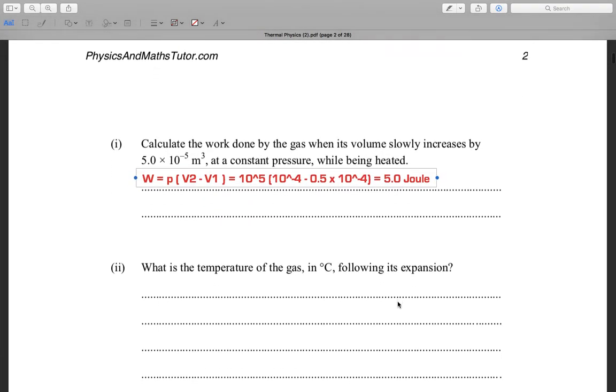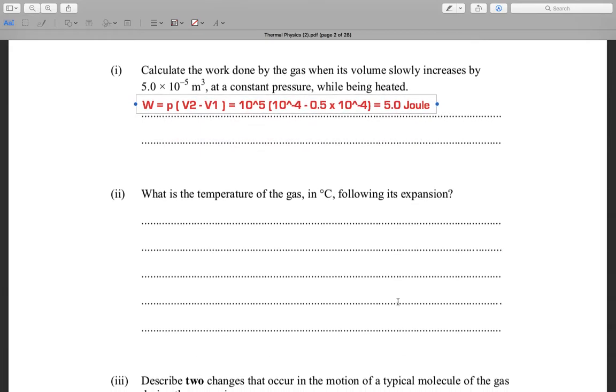Other question: what is the temperature of the gas in degrees Celsius following its expansion? We use the relationship between V and T: V1 over T1 equals V2 over T2.